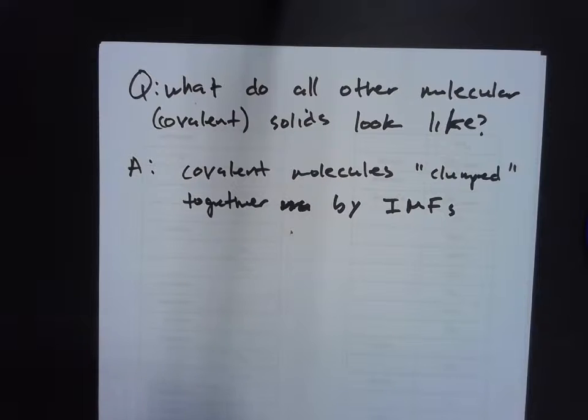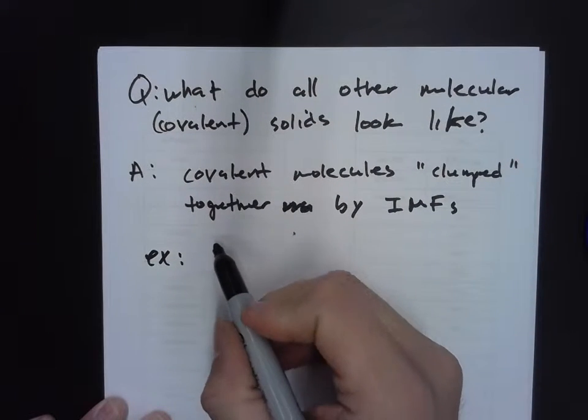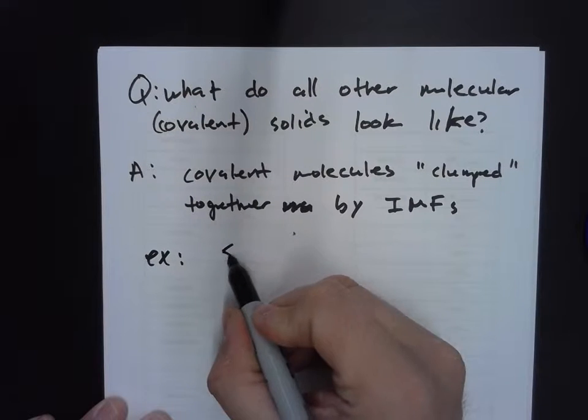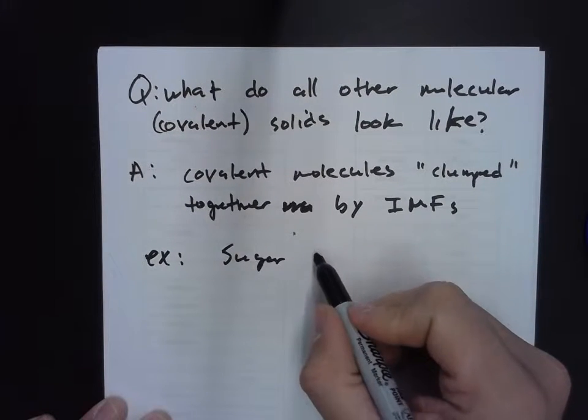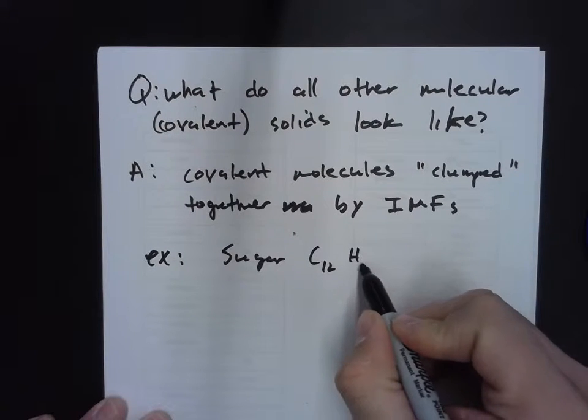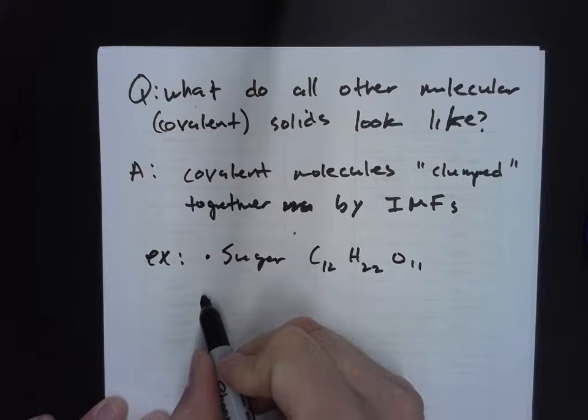So examples include sugar. In this case we'll say C12H22O11. Biological molecules.